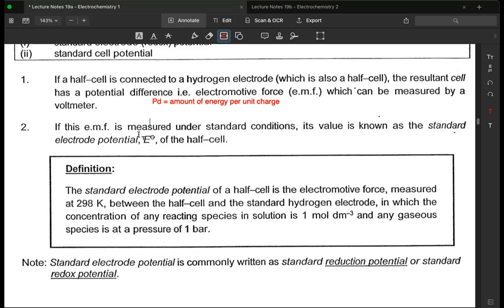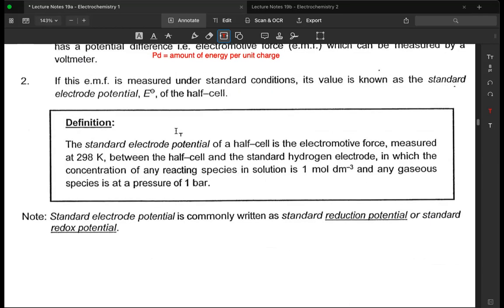If EMF is measured under standard conditions, its value is known as the standard electrode potential. So the standard electrode potential of the half cell is the electromotive force measured at 298 Kelvin, 25 degrees Celsius, between your measured half cell and the standard hydrogen electrode, with concentration and gaseous species pressure at 1 bar.